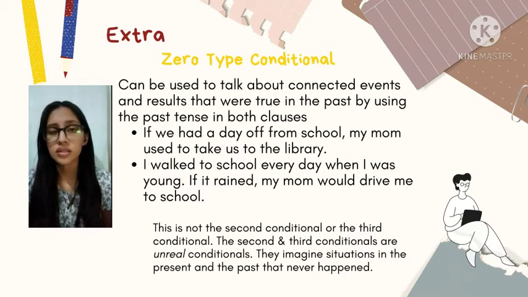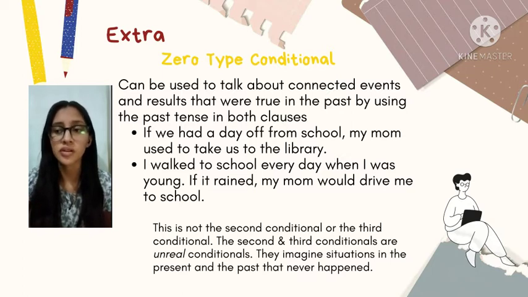And as we are talking about a routine and a past habit, this cannot be classified as either the first, the second, or the third type conditional. That's why we say that the zero type conditional can be used to talk about past habits and past routines. But this is rarely used, as I said before.